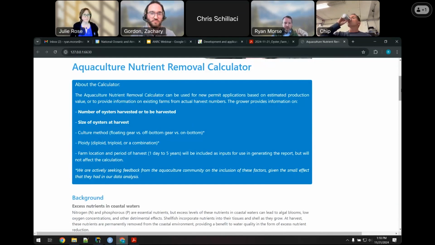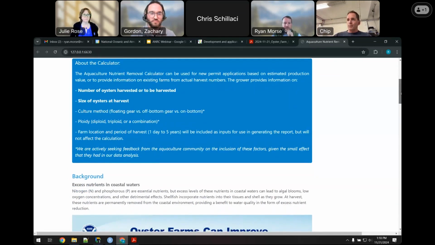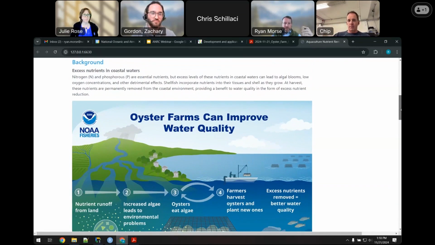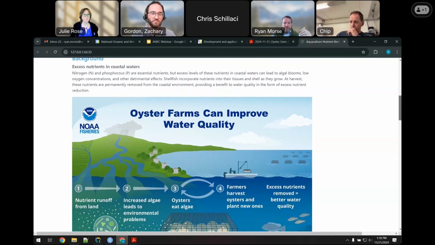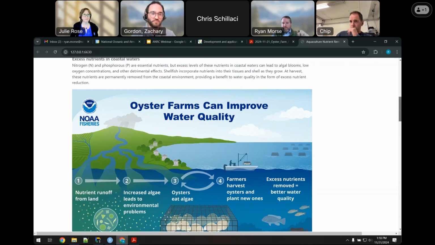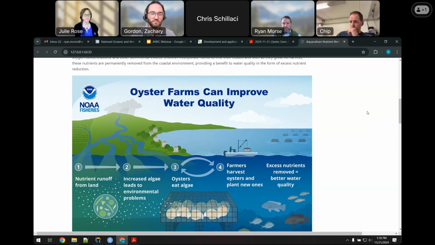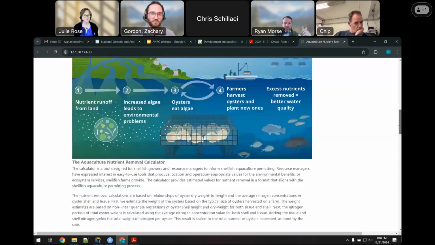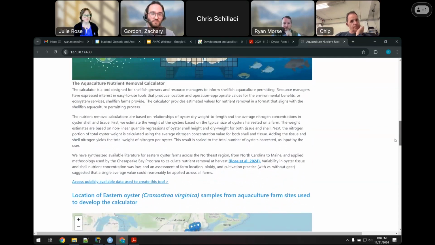That's really the predominant factor on this calculation. And then there's a little bit of background on the research itself, an infographic that we had created that demonstrates the general process of oysters removing plankton that take up the nitrogen as runoff. So that was a nice bit of outreach that we did.